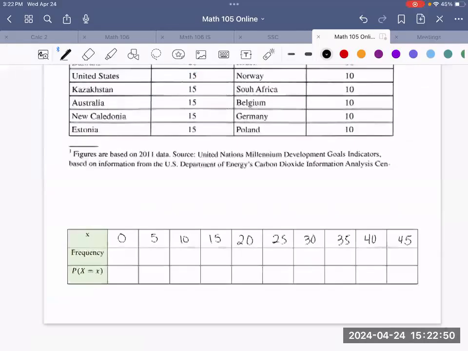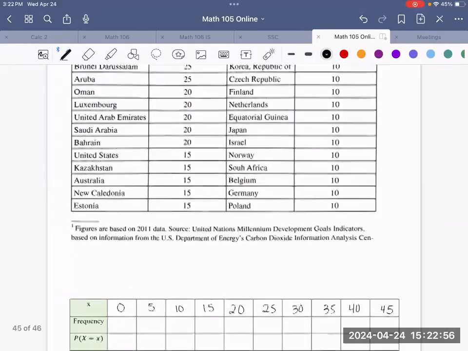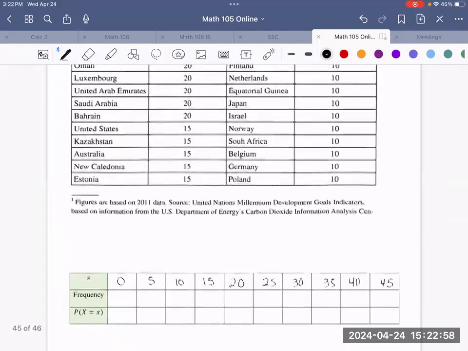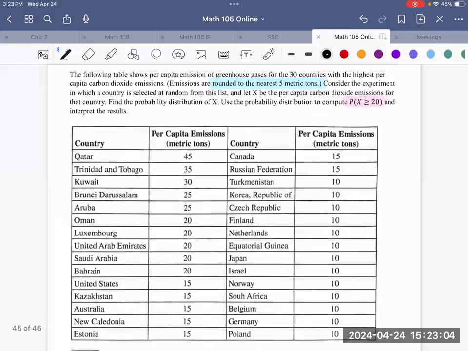Okay. So based on your chart, see if you can figure out these X values and their frequencies. On our table, no country has 0, which means your probability is 0 out of, how many countries did they tell us we had? Well, we have 30 countries.